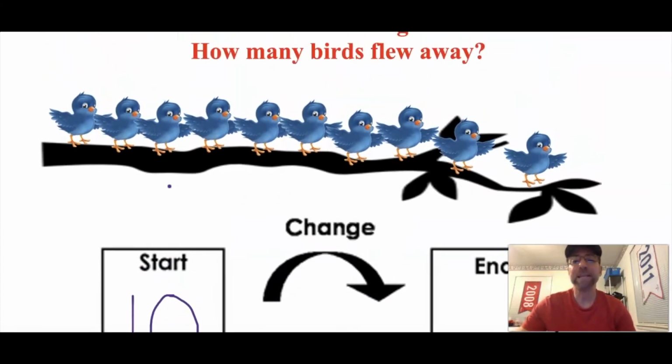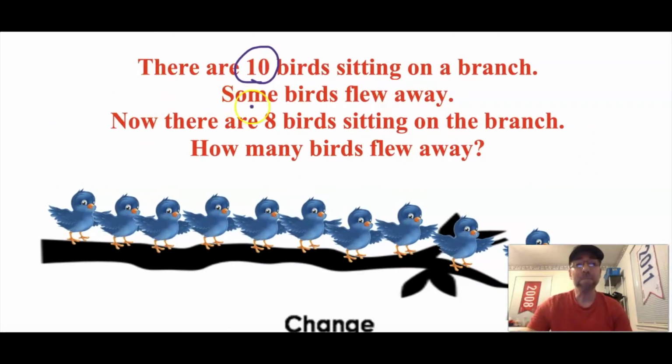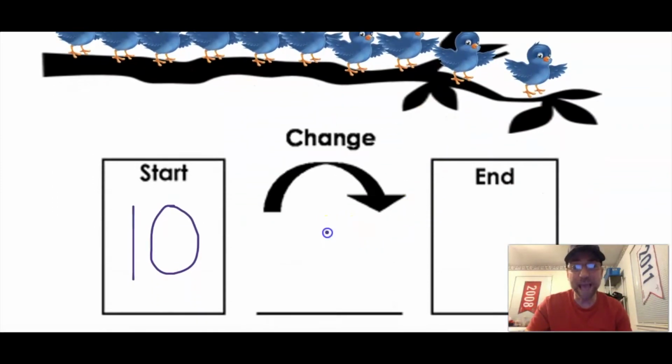Now let's see if we can find the change. Some birds flew away. What do you think we're going to put in the change box if we just don't know how many there are? We're going to put a question mark. We don't know yet. But because they flew away, we know it's going to be a change to less.